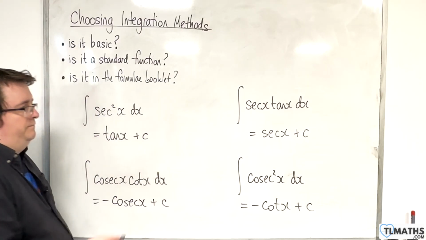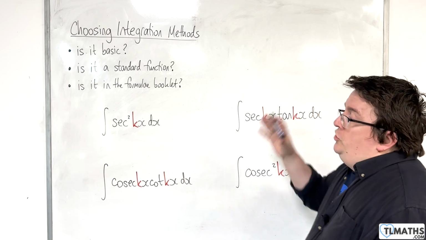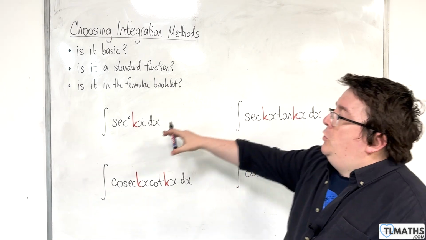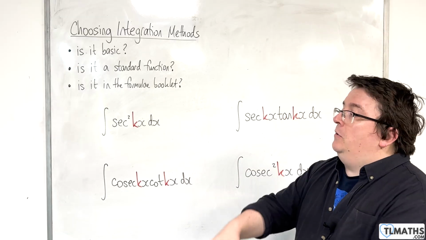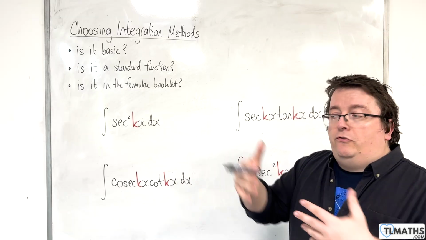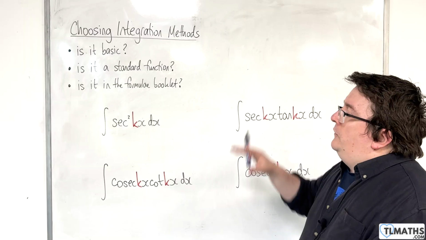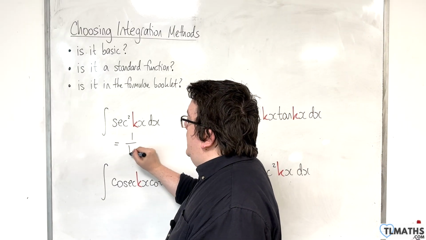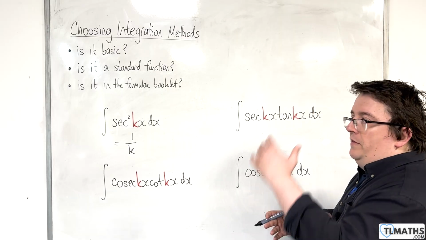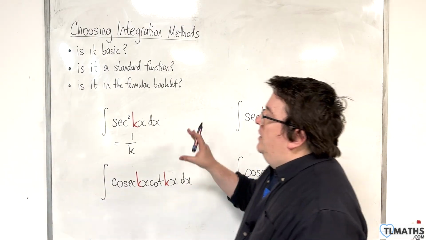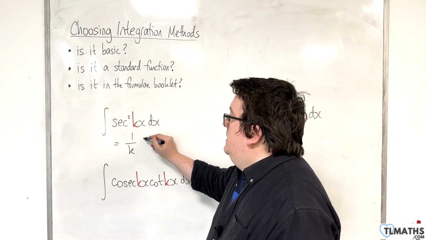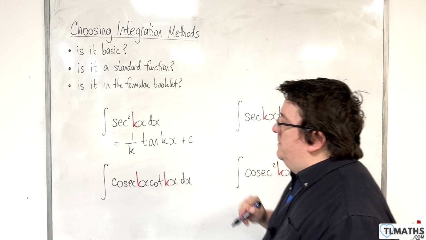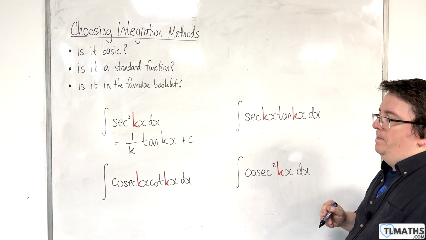Now likewise, just as we had with the trig from before, we could have sec squared of kx, so sec squared of 2x, sec squared of 3x, and so on. And so this is going to integrate to 1 over k, just like we had before with e to the kx, sine of kx. So we have 1 over k coming outside, tan kx plus c. Okay?